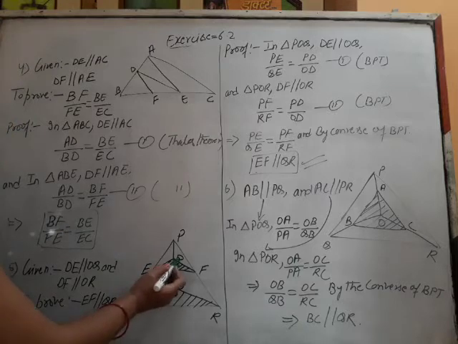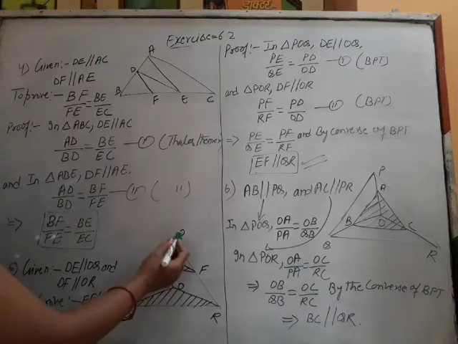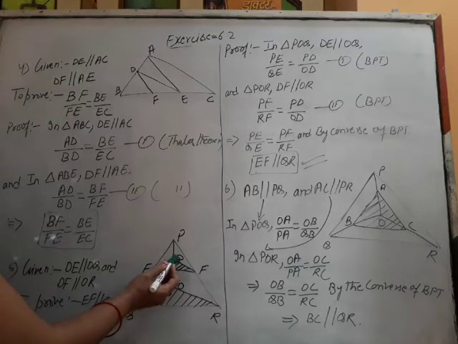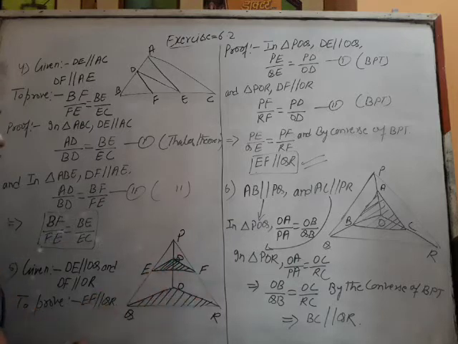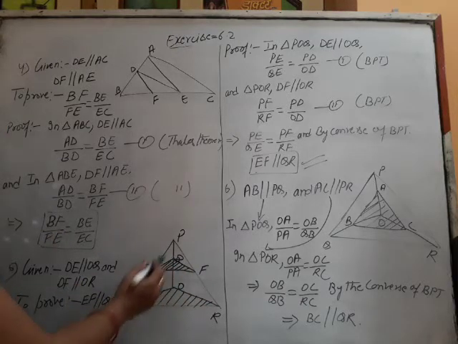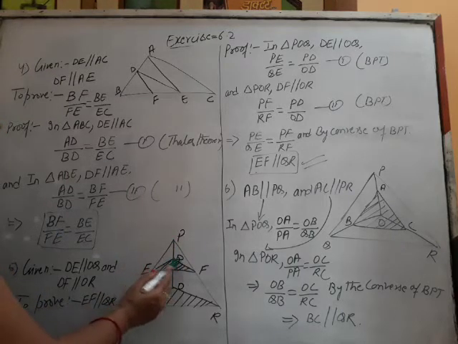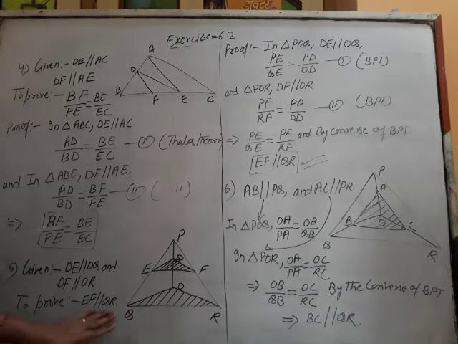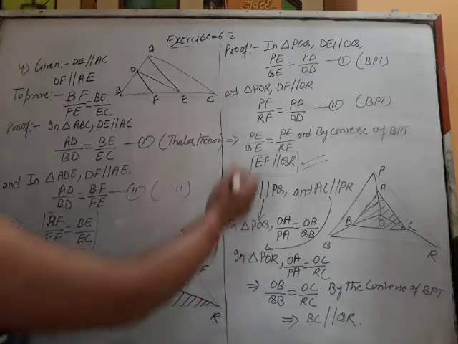It is given D is on the line PO, where D and E, D and F are joined. In the question, DE is parallel to OQ and DF is parallel to OR. Since DE is parallel to OQ, we have to consider triangle POQ, and DF is parallel to OR, that means triangle POR. So to prove EF is parallel to QR, let us begin here.